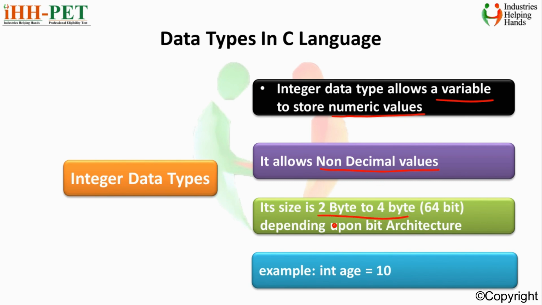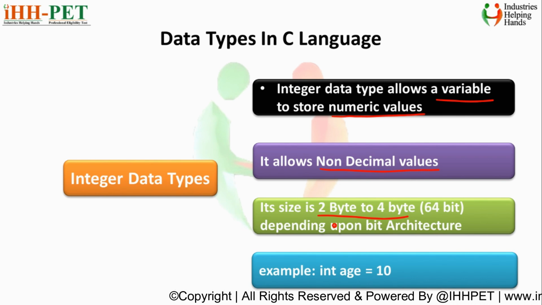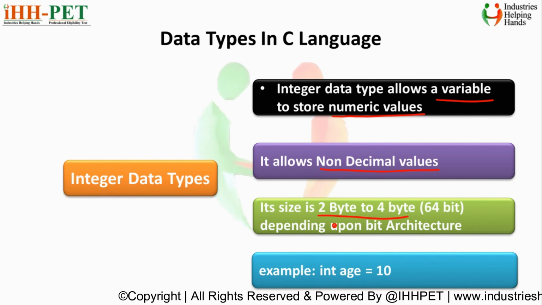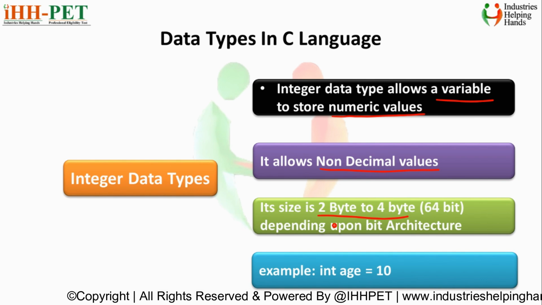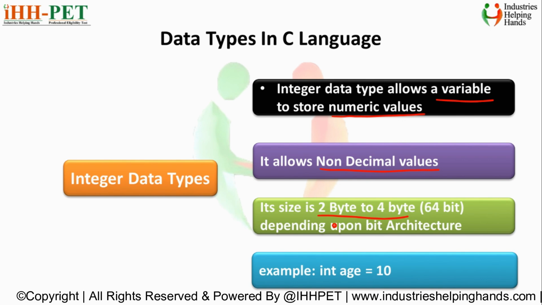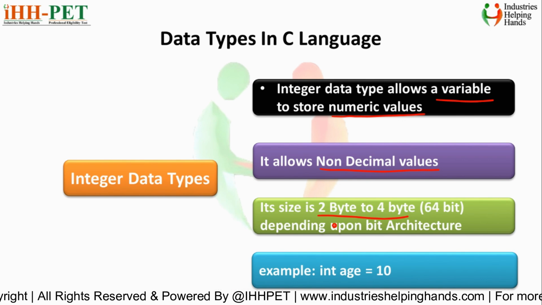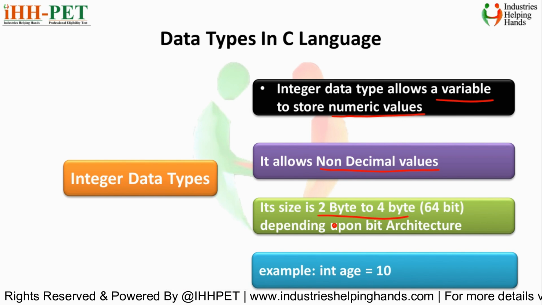Depending upon the architecture of the operating system, the data type size will vary, because the size for different data types depends on the compiler and processor type. In short, it depends on the computer on which you are running the C language and the version of the C compiler that you have installed.